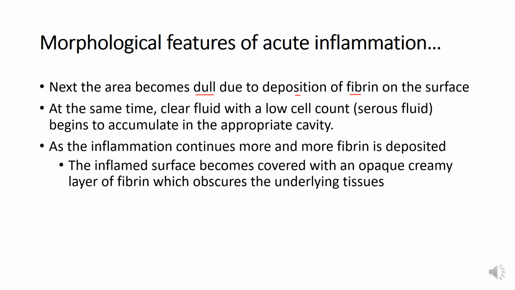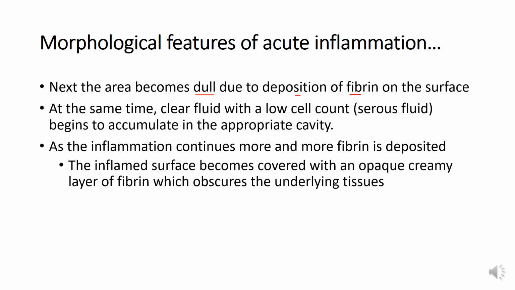Now, as this process continues, remember there is exudate formation, and I told you the covering has the visceral and the parietal. The parietal is the outer one, the visceral is the one next to the organ. In between, the exudative fluid accumulates, and there is deposition of fibrin on the surfaces.